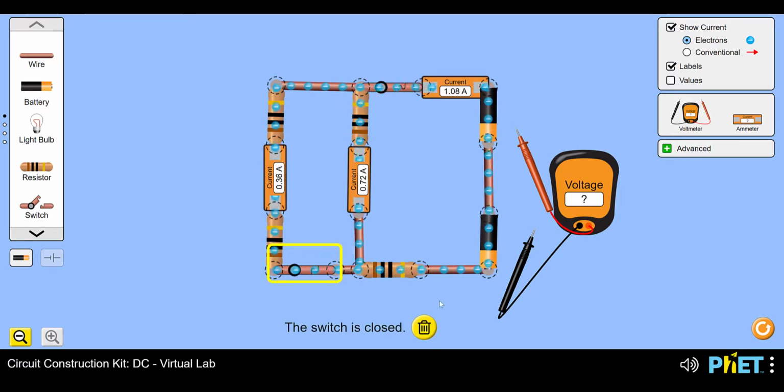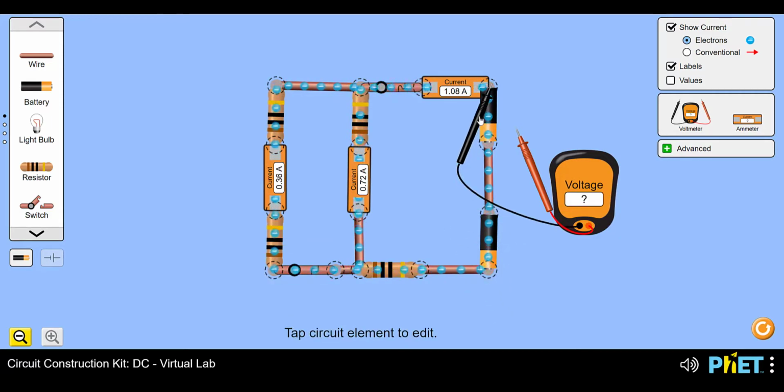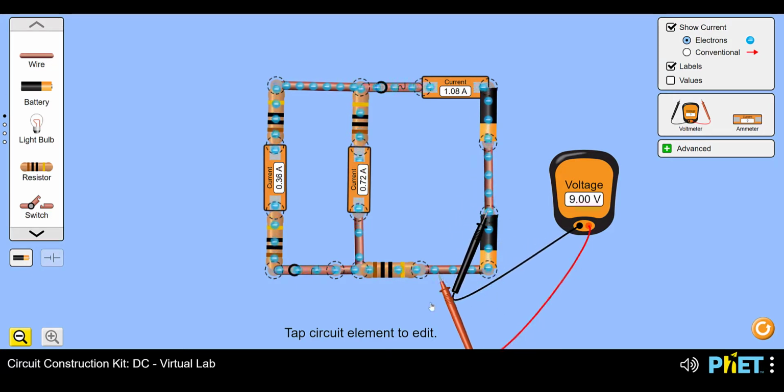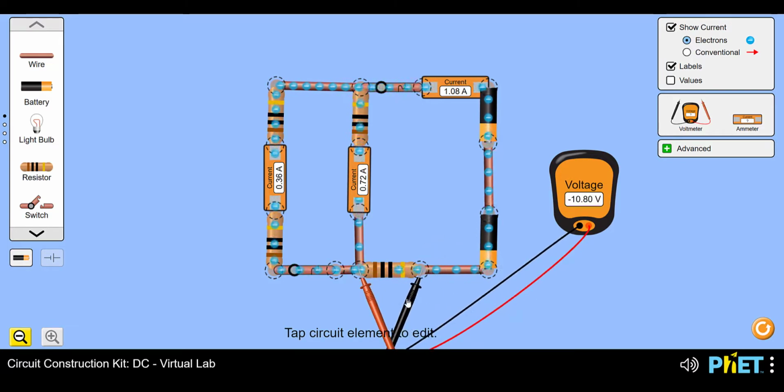If we close the switch in the second branch of the circuit, we can repeat this procedure, keeping the negative terminal always trailing behind the positive terminal of the voltmeter. So across the batteries, we increase in potential by 18 volts altogether. Then as we go around the circuit, the first resistor has a potential drop of minus 10.8.